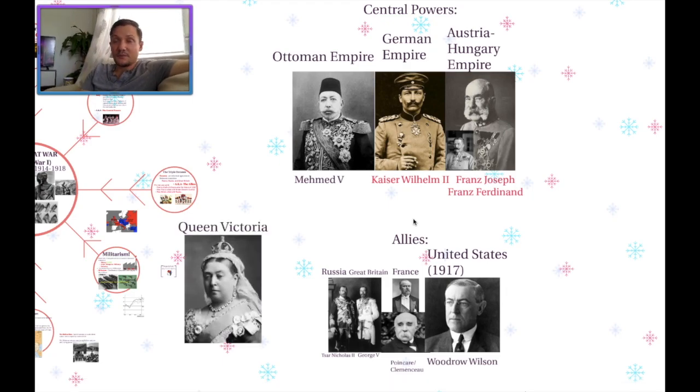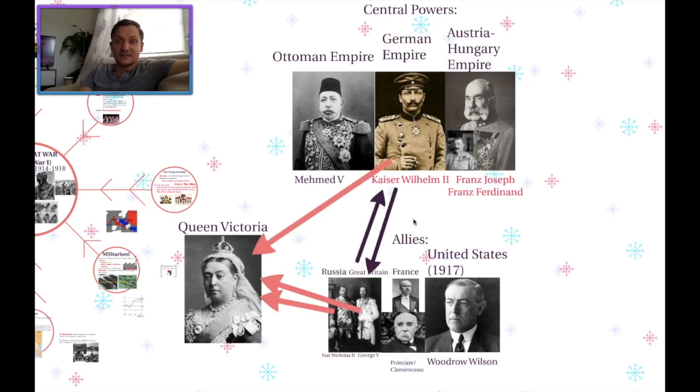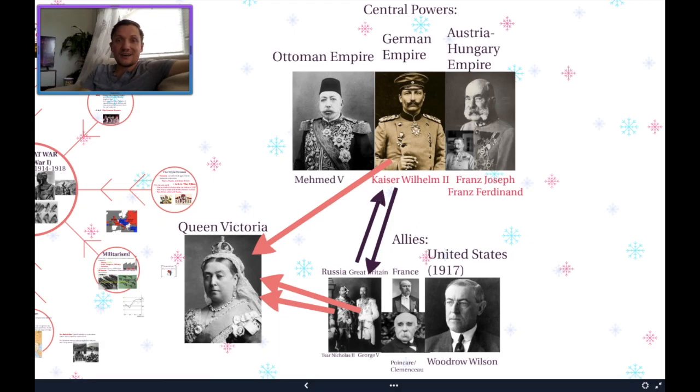Queen Victoria was the leader of England from the early 1800s until 1901, I believe is the year that she died. This guy, and this guy are all her grandsons, which means they're all related. These three dudes are cousins.